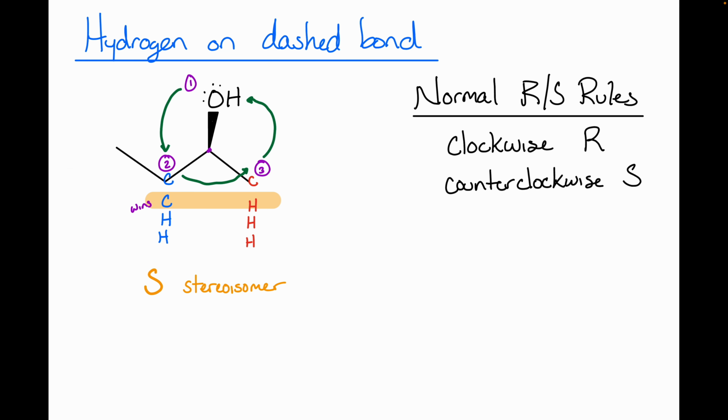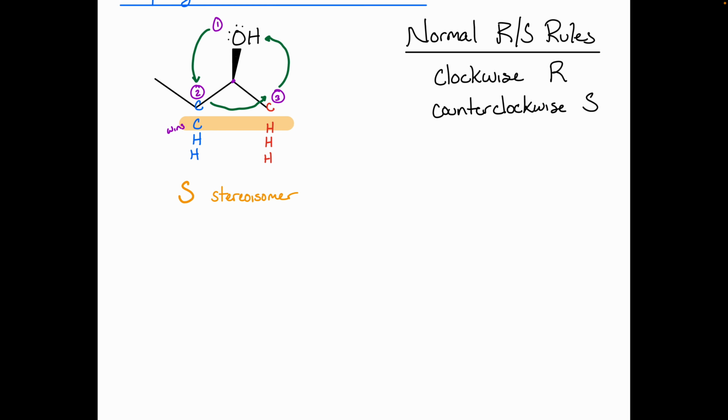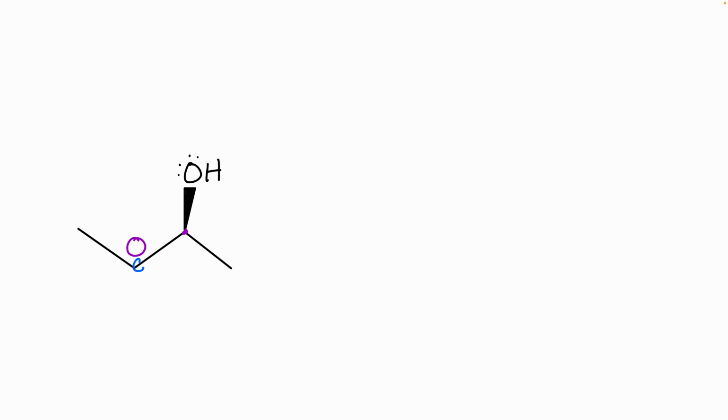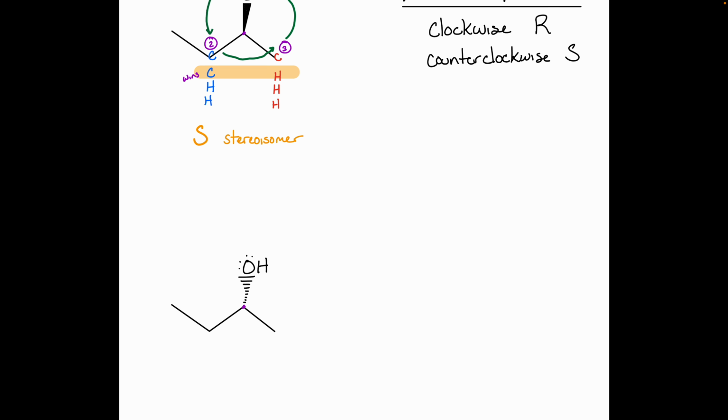All right, so now let's take a very similar molecule. Okay, but instead of putting that hydroxyl group on a wedged bond, I'm going to flip it to a dashed bond.